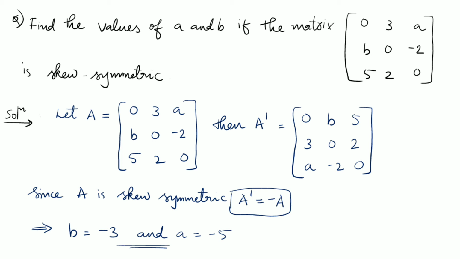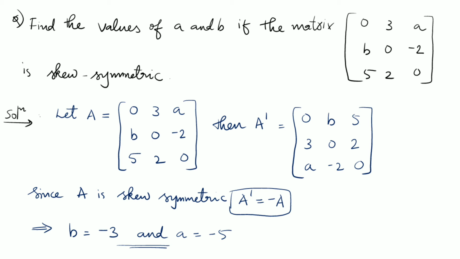Already it is given that this matrix is skew symmetric. So there is no name given for this matrix. So you can take this matrix as A, and write what are the entries in this matrix. If it is skew symmetric matrix, which condition should be satisfied? You have to know the condition for skew symmetric, that is A dash is equal to minus A.